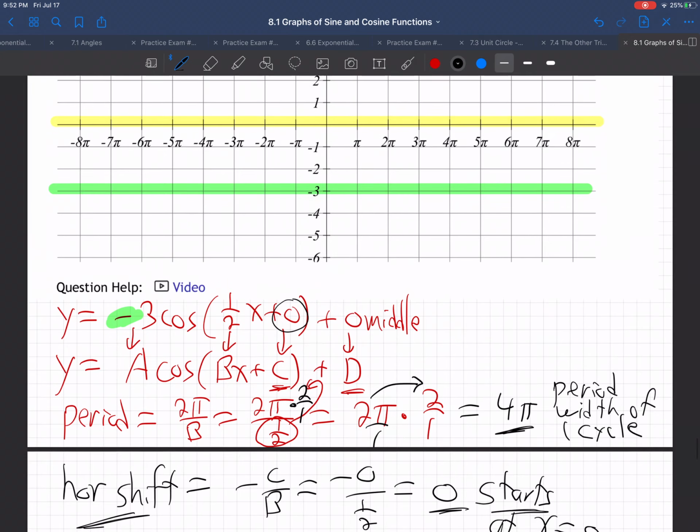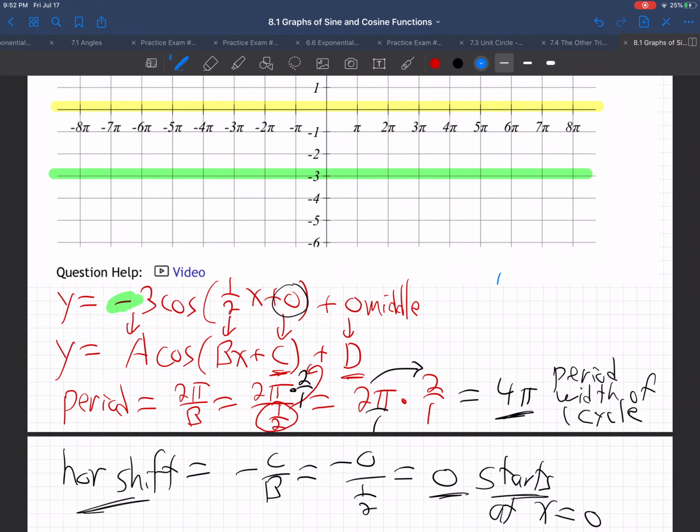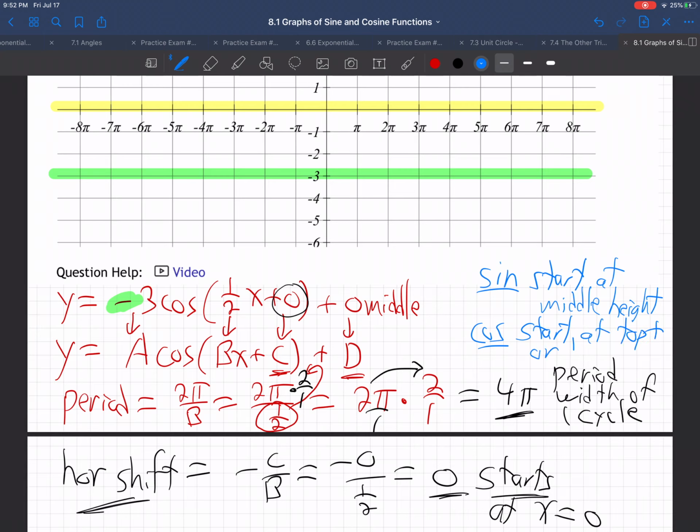Now, you know a cosine graph, let me be clear, sine graphs always start, let's say, at middle height, whereas cosine graphs start at their top for positive or their bottom for negative. We're talking heights now, right?